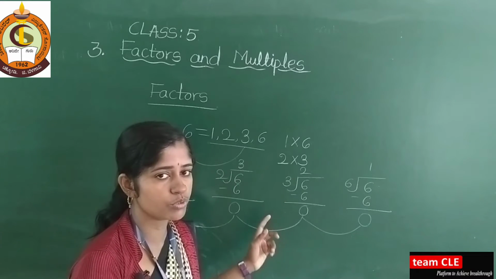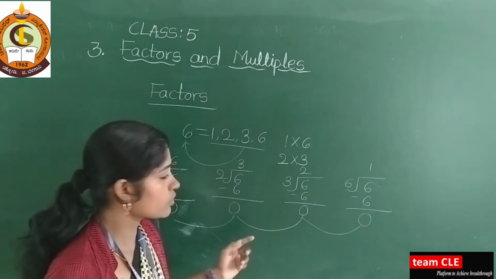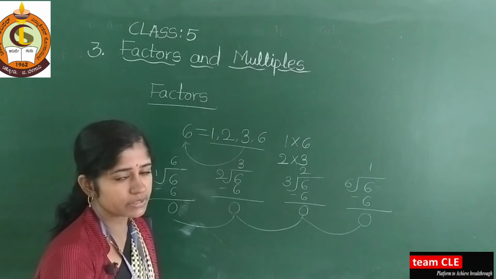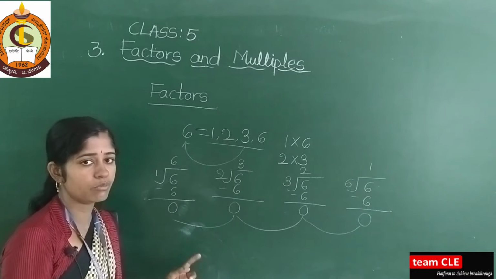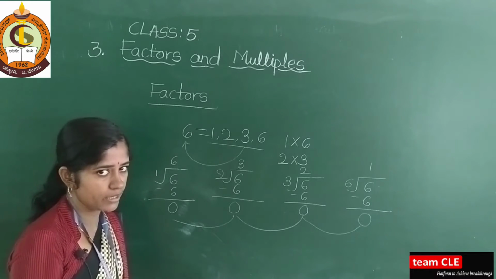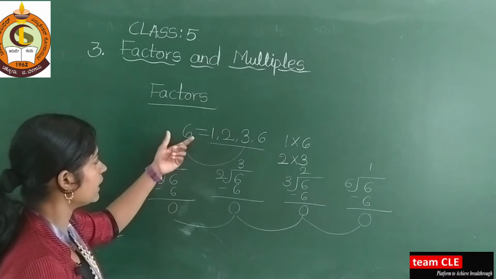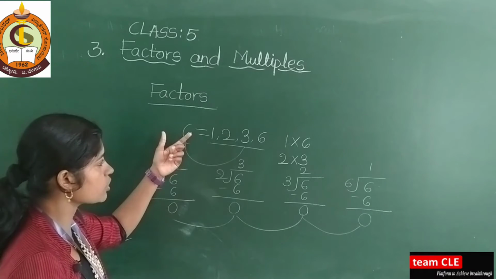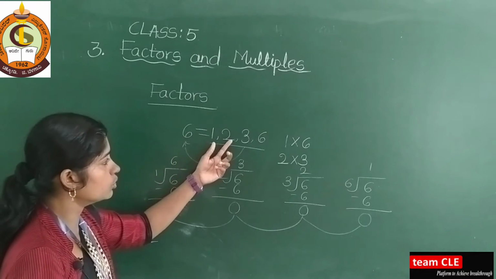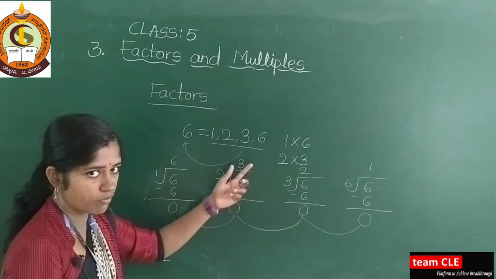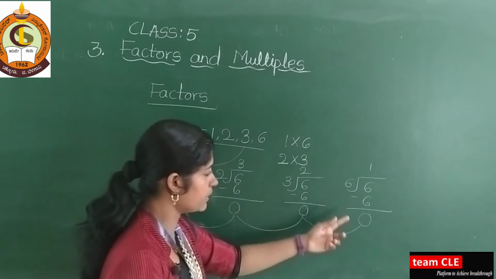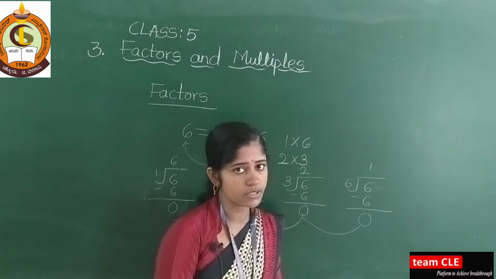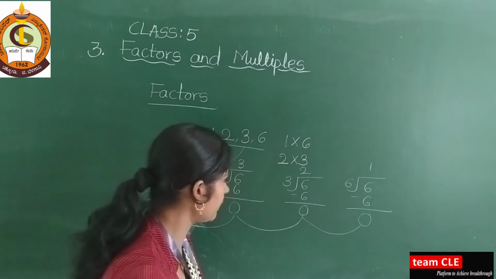So what are the factors? Factors are the numbers which divide the given number exactly without leaving a remainder. Here I took the number 6, and the factors of 6 are 1, 2, 3 and 6. Why? Because when I divided that number by these numbers, I got remainder 0. I hope you are getting my point.